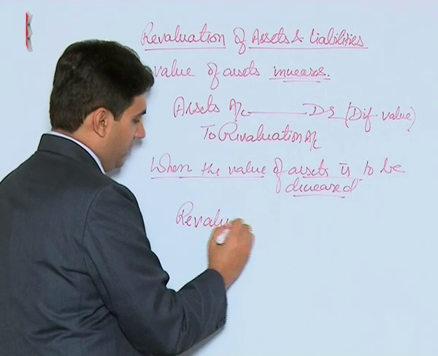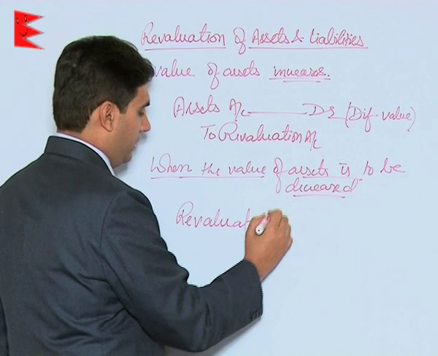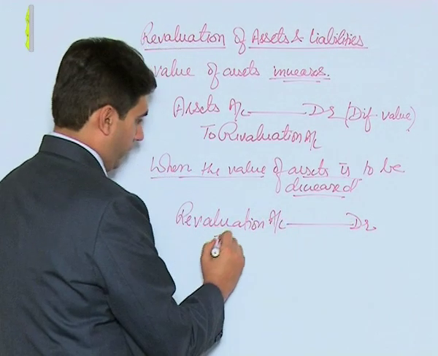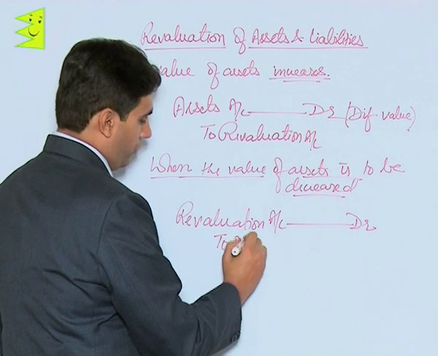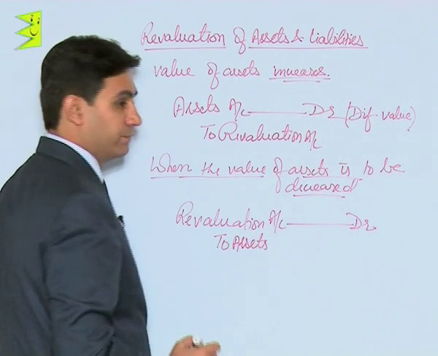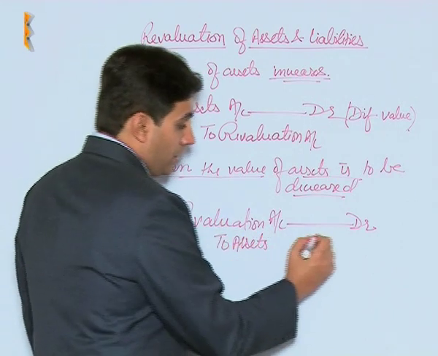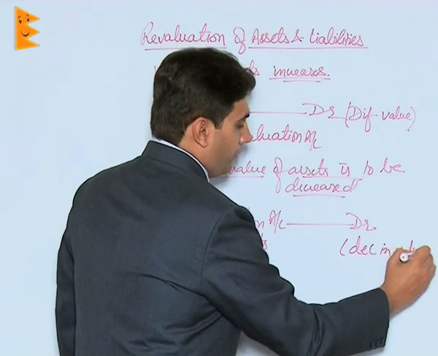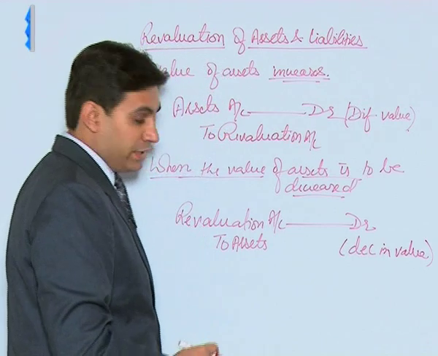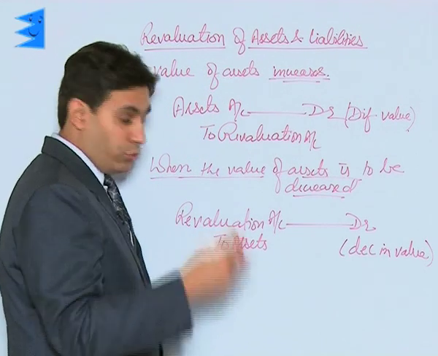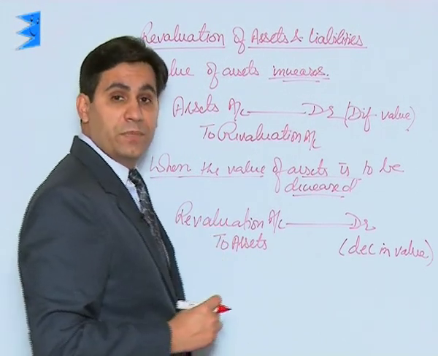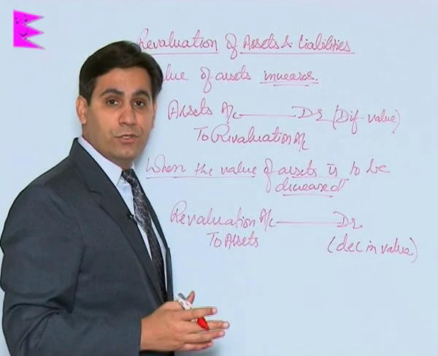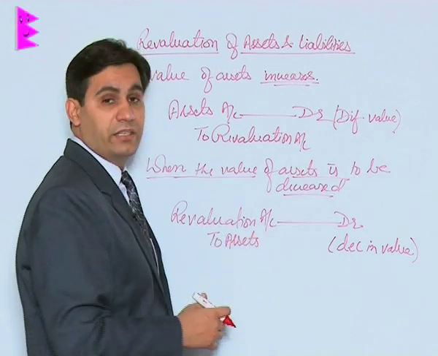So the entry would be revaluation account debited to assets, that is the differential value or decrease in value. Going by the rules of accountancy or the 3 golden rules, assets represent real accounts, so credit what goes out. Since the value is decreasing, they are being credited here.